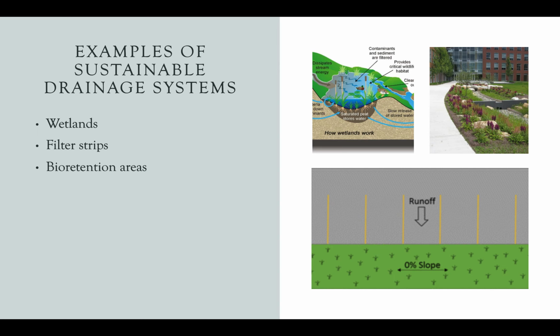As you can see, the stream energy is dissipated through the pool of water. The plants have a natural filtration system within them that takes out pollutants and retains them. Wildlife has a place to grow and build an ecosystem.